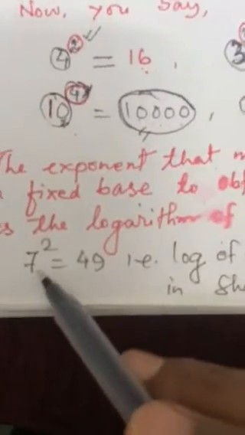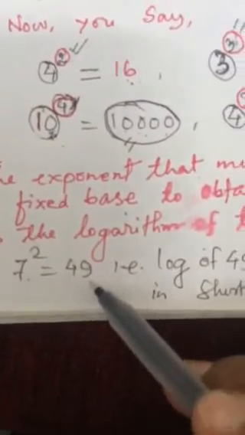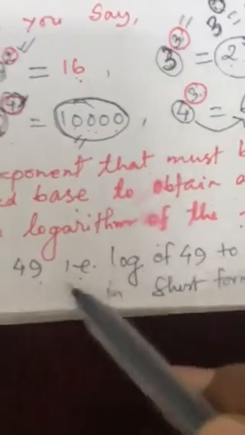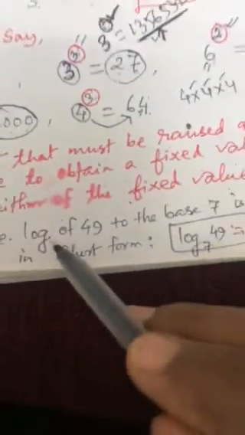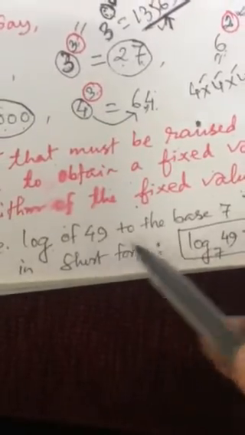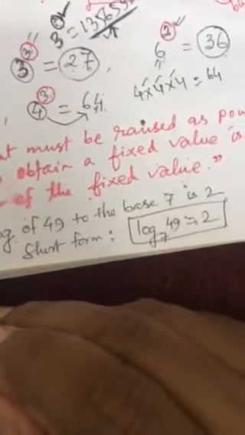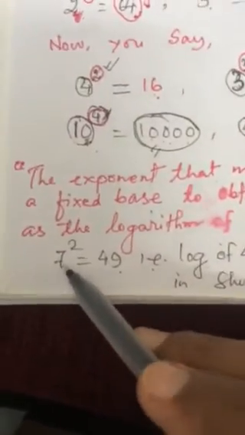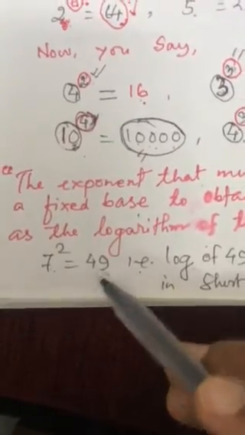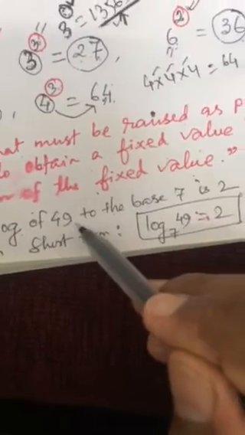Here I just want to show you 7 square is 49, that is log of 49. Here you see I have written log of 49 to the base 7. Log of 49 to the base 7 is 2.